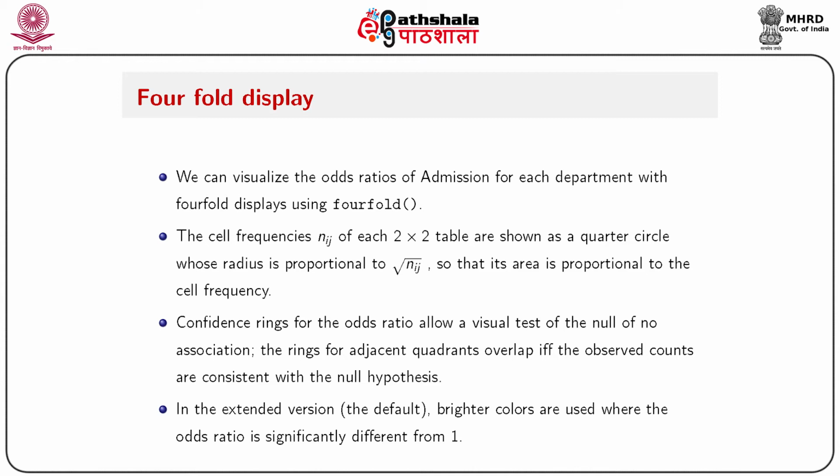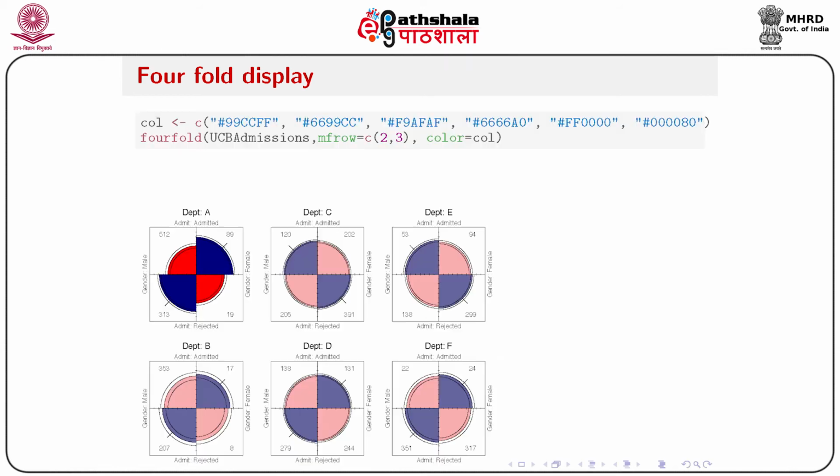If you see this example, fourfold is the function, and the UCB admission data has been passed, with mfrow 2 by 3, so a total of 6 plots would be there. So 6 plots in 2 by 3 format that we are displaying, and the color equals the color specified at the top of the fourfold function that I used, and then it will be displayed in this manner.